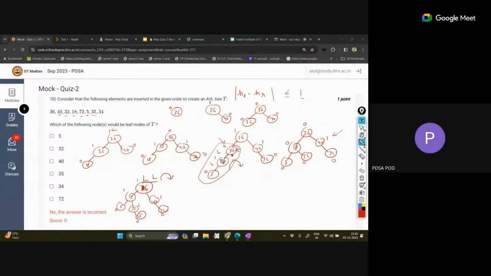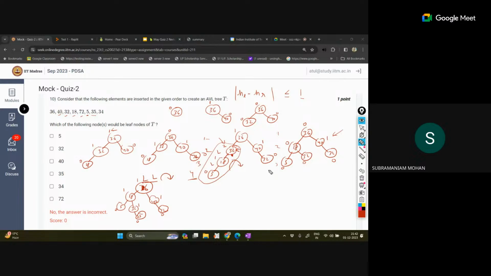This 18 will move one position up and this 32 will come one position to the right, so that the total overall height will become one less than the previous one. You can see the level. Previously the level from the root was 1, 2, 3 and 4. But now after rotating, the level has become one less. So 1, 2, 3, one reduced.